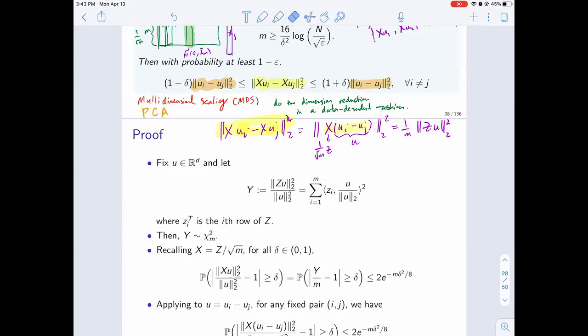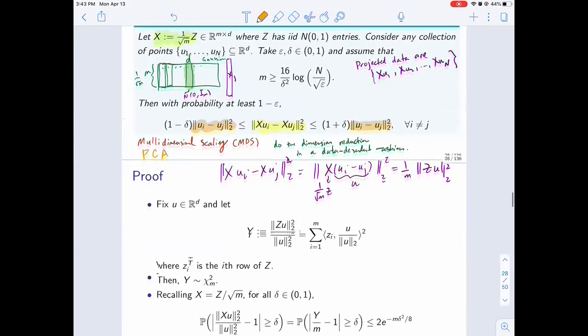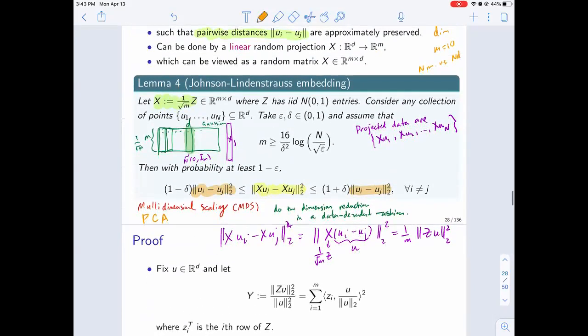The idea is that this object is going to be sub-exponential. So how do we show that this is sub-exponential? I have some sort of argument there, but anyone?